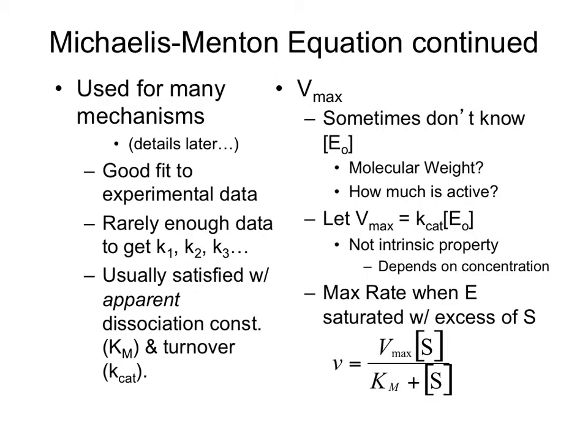You can then get away with, as you might read in some of the papers, just looking at the Vmax values. The maximum rate when the enzyme is saturated with excess substrate is shown here, and so the velocity just becomes equal to the Vmax.